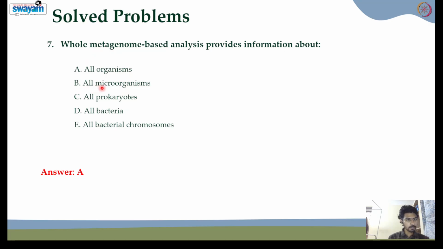Yes, option B can also apply, but metagenomics primarily focuses on microbial communities. It also includes genetic material from other organisms too, like eukaryotes, viruses, etc. That's why option A is more accurate than option B.